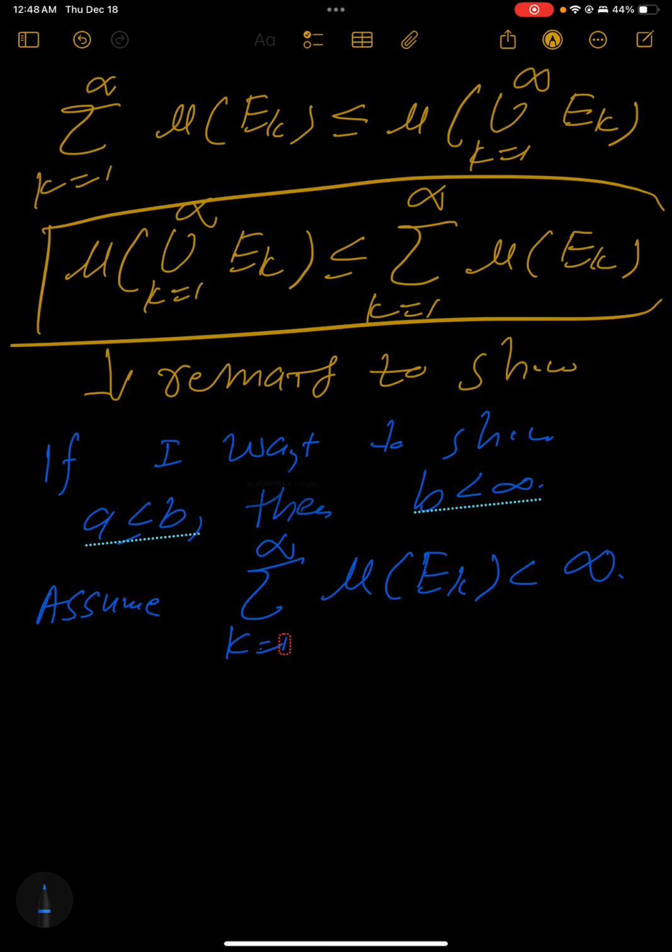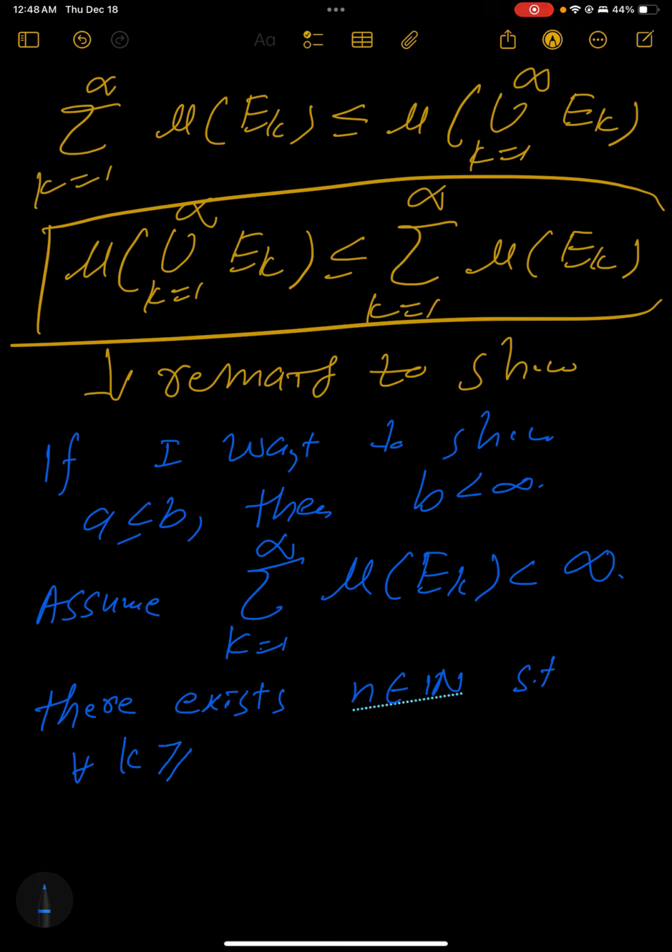If the series is convergent, then, from basic real analysis, there exists n belonging to the natural numbers such that for all k greater than n, the terms of the series are 0. So the measure of E_k is 0.